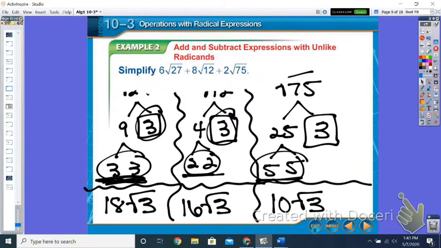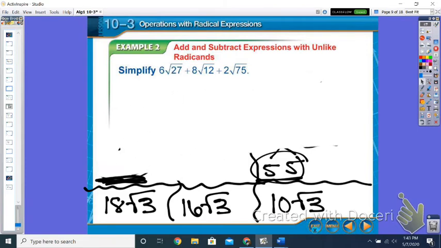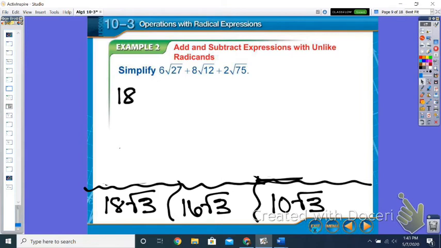I'll erase everything up here so we can use this space. We want to look back to make sure we get the signs right that are between the terms, or the operations, you could say. So let me bring these back up here and put the signs back in between them.